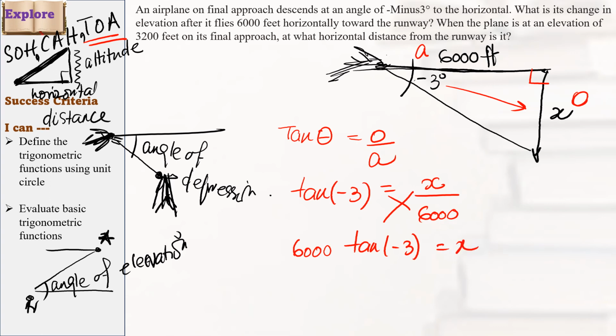If you write this in the calculator, make sure the calculator is in degree mode, and write 6,000 times tangent of -3.